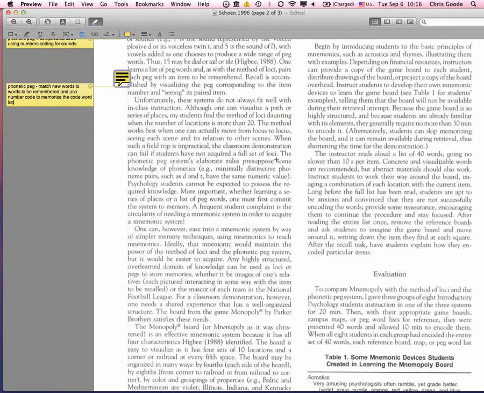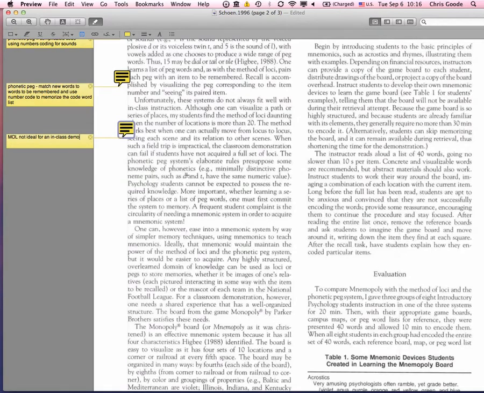And along a short path, you probably don't have 40 different locations, right? The method of loci is not ideal for an in-class demo. How about that? Okay. The phonetic peg system's elaborate rules, check.